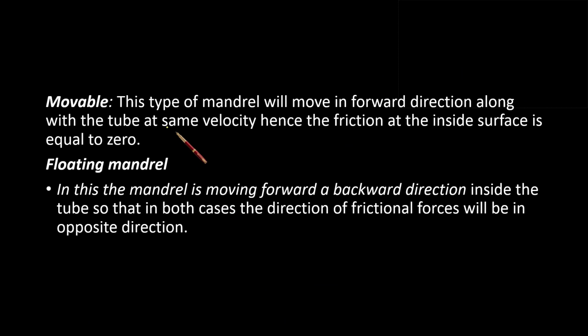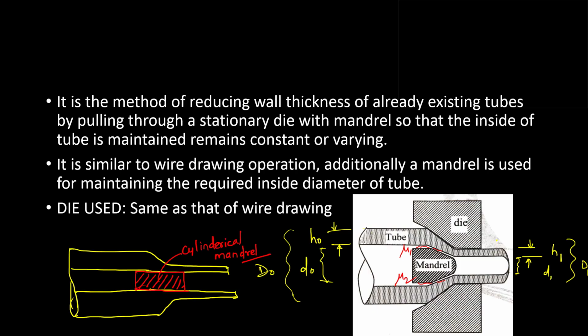What about the movable mandrel? It moves with the same velocity as the tube, so there is no friction. Since it is moving, which kind of mandrel can it be, conical or cylindrical? Obviously it has to pass through the die, and if it is conical, from here onward it cannot move in this direction.